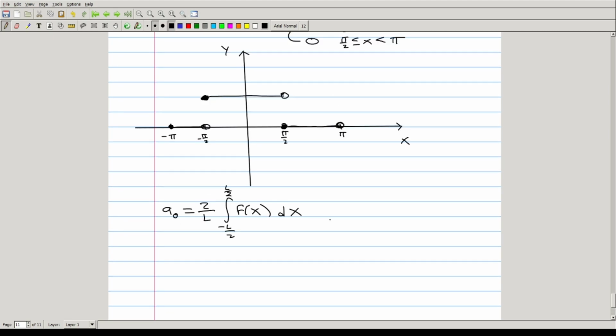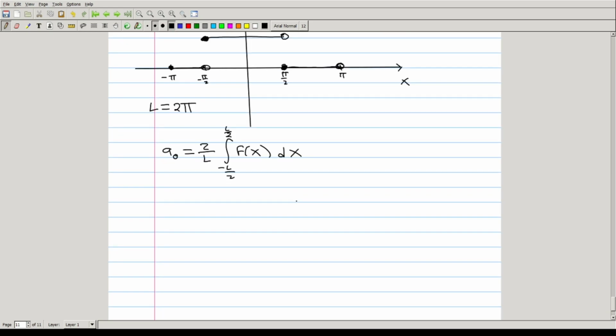And the period here is 2 pi, so L is equal to 2 pi. Which then means that this will be 2 over 2 pi, or 1 over pi, times the integral from negative pi to positive pi of f of x dx.